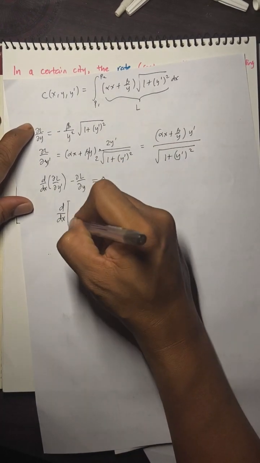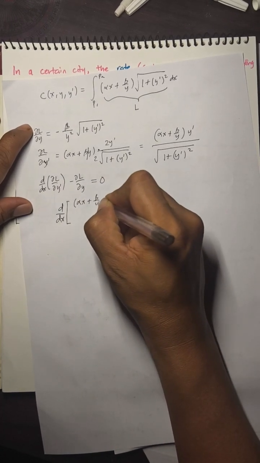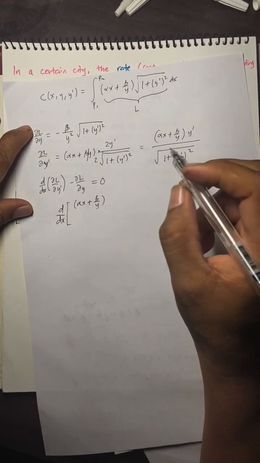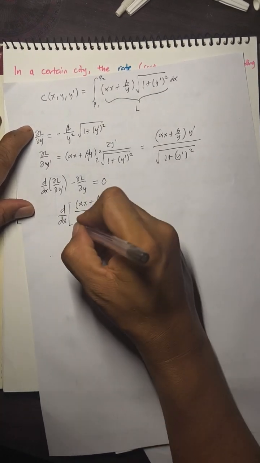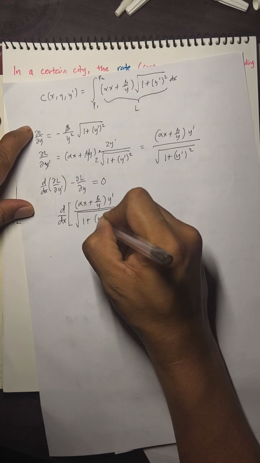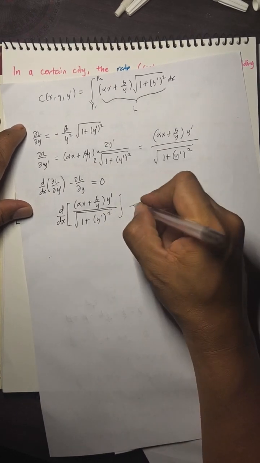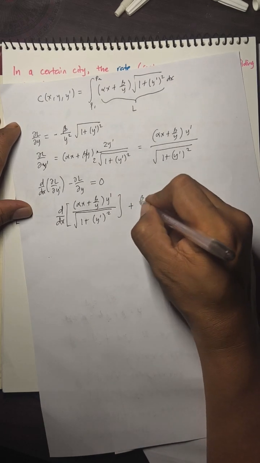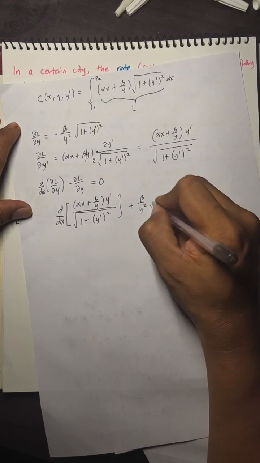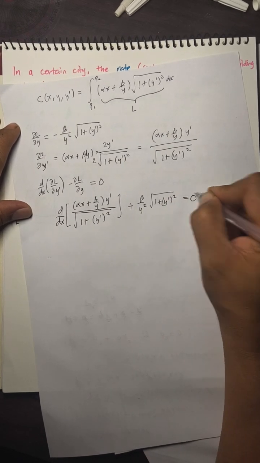So we have d over dx of alpha x plus beta over y times y prime over the square root of 1 plus y prime squared, minus, so it becomes a plus, beta over y squared times the square root of 1 plus y prime squared equals 0.